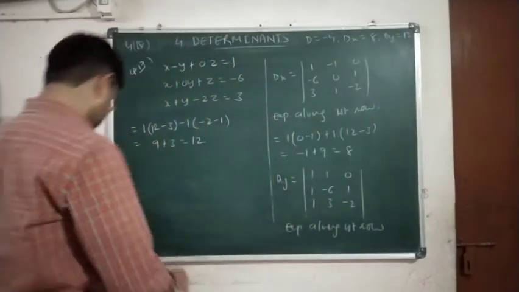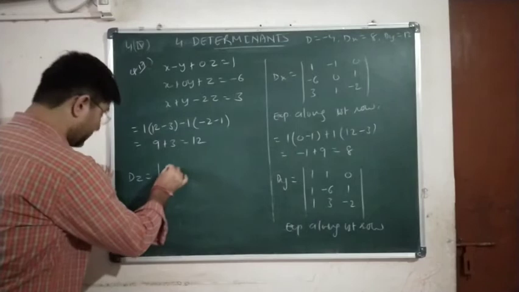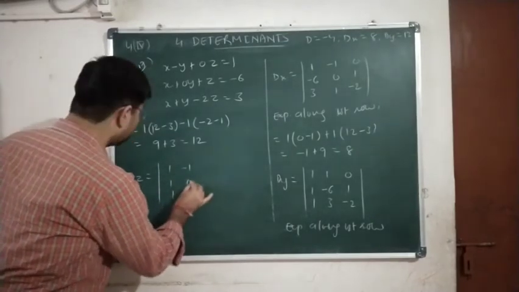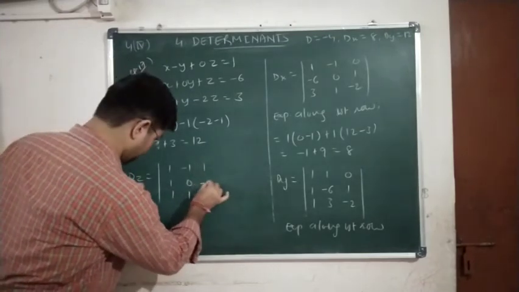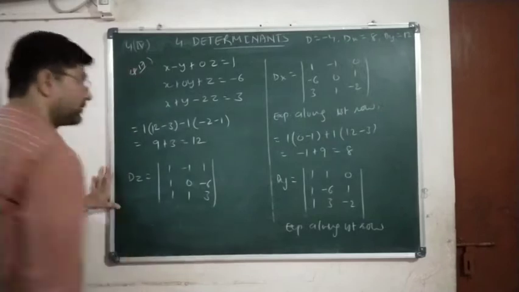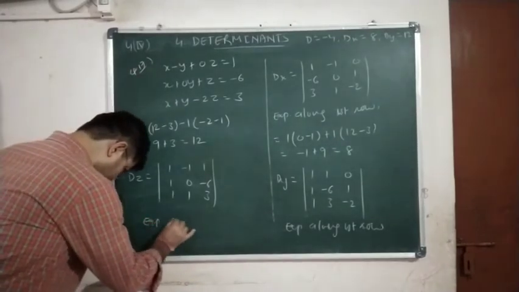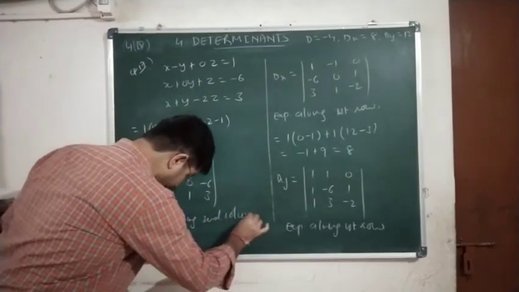Now let us calculate Dz. So Dz is equal to 1, 1, 1; minus 1, 0, 1; and the constant terms will take the third column. Expanding along the second column.